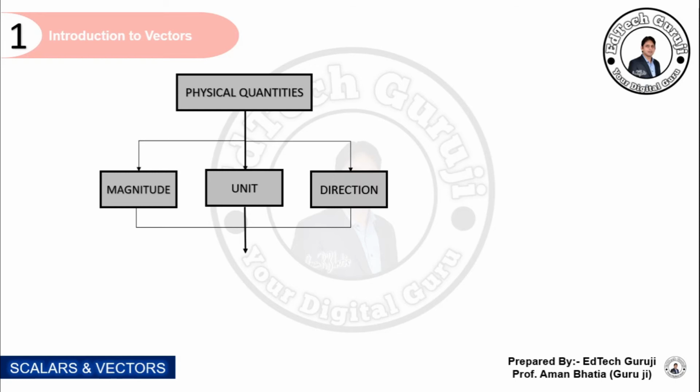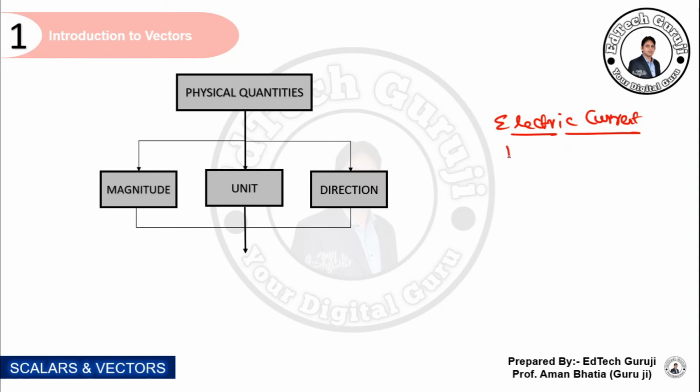For example, if I talk about electric current, it is a fundamental physical quantity. Now we know that current has magnitude as well as a direction. Whether it is a scalar or a vector, it has a magnitude, it has a unit ampere, it also has a direction.